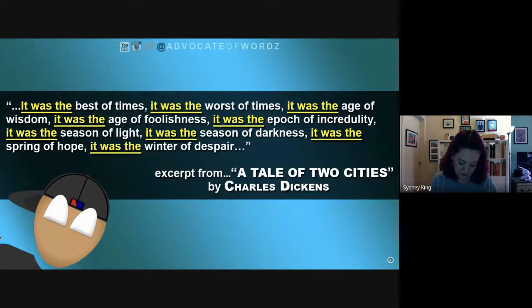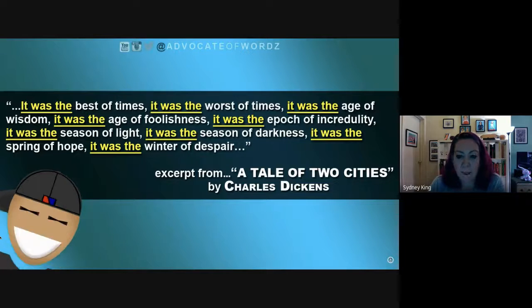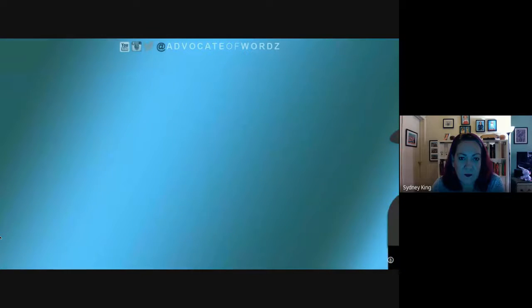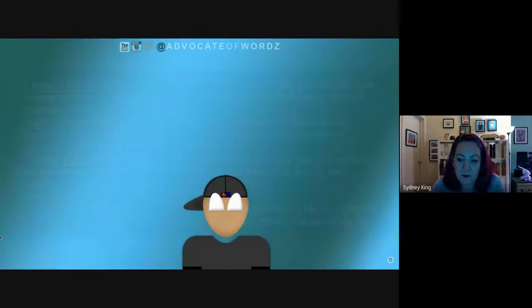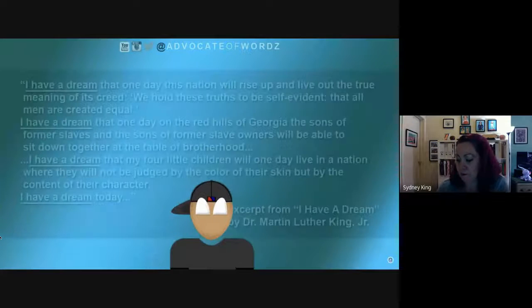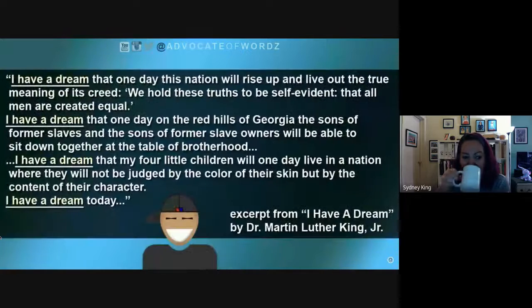The author utilizes this device to build a cadence which you can hear in your head or out loud when read. The following example is an excerpt from one of history's most famous speeches, Martin Luther King's I Have a Dream. I have a dream is the repetitive phrase, once again at the beginning of each successive sentence. It produced the rhythm and drove home his message.